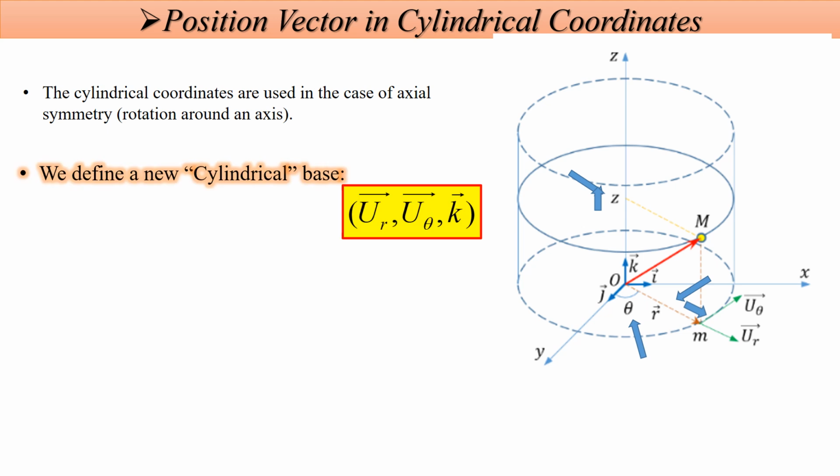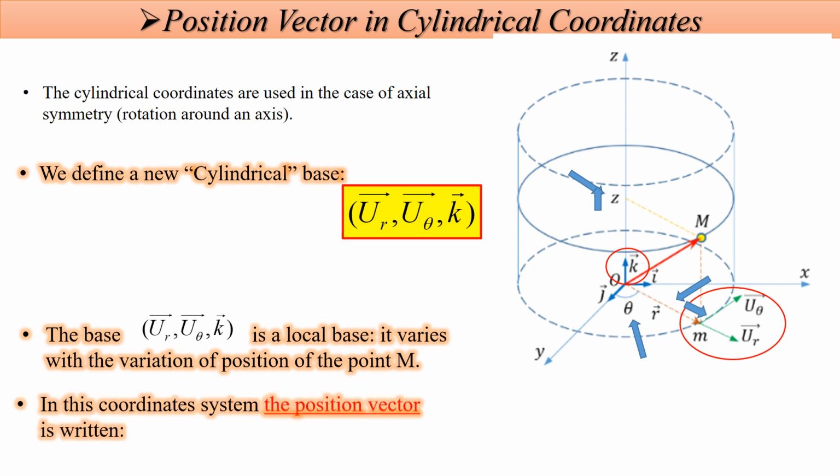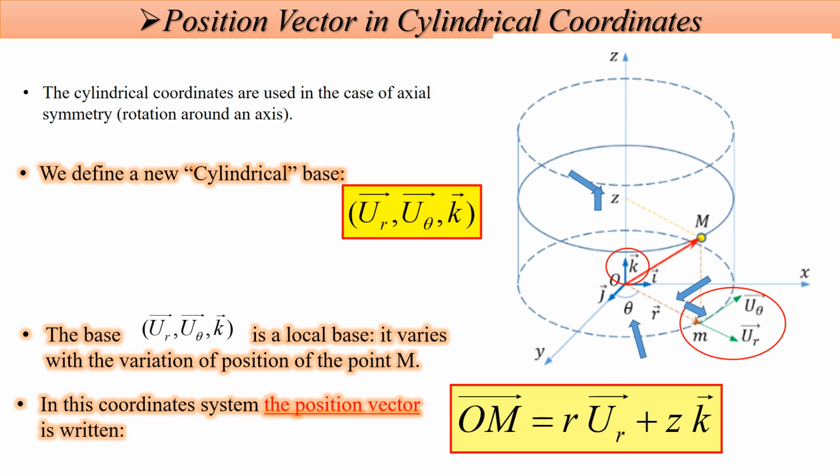So we define the cylindrical base, ur, u theta, and k. This base is a local base. That means it varies with the variation of the position of the point M, and the position vector in cylindrical coordinates is thus represented differently than in Cartesian coordinates, it is written like this.